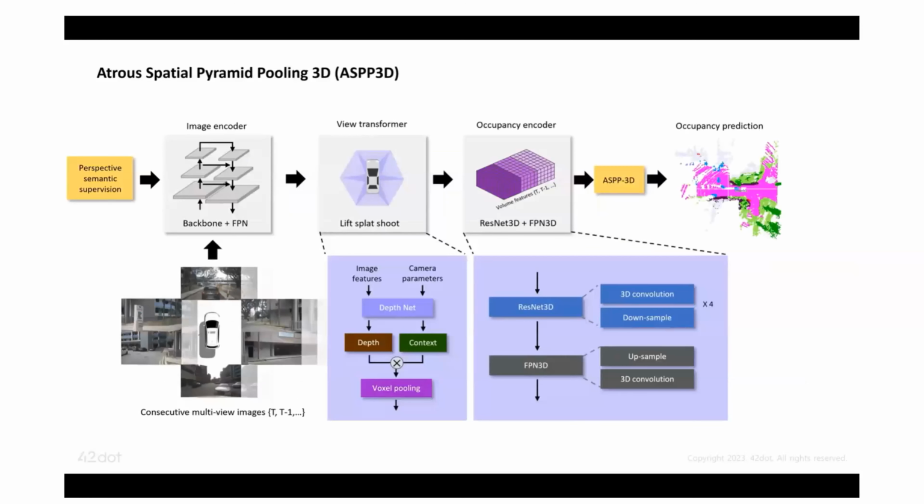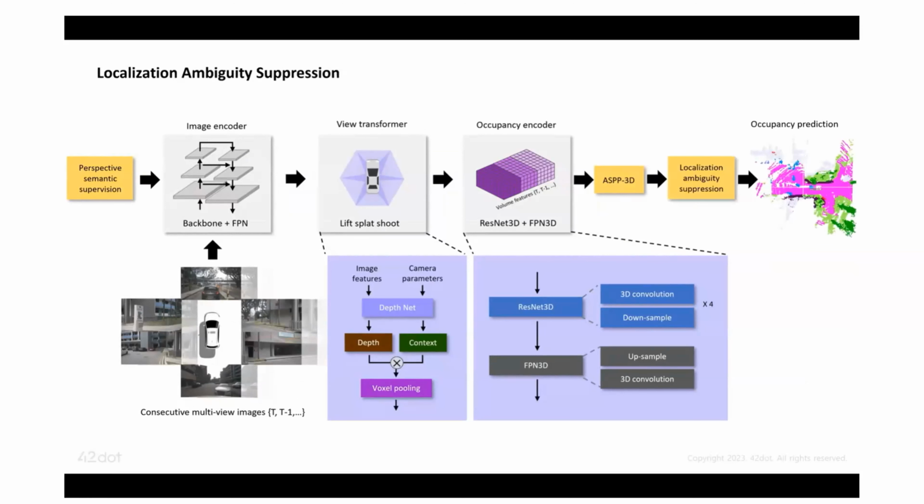Occupancy prediction is a dense prediction task which requires incorporation of large context. We extend spatial pyramid pooling for 3D tasks to learn 3D features with different sampling rates and fields of view. In addition, we propose localization ambiguity suppression to refine occupancy prediction.